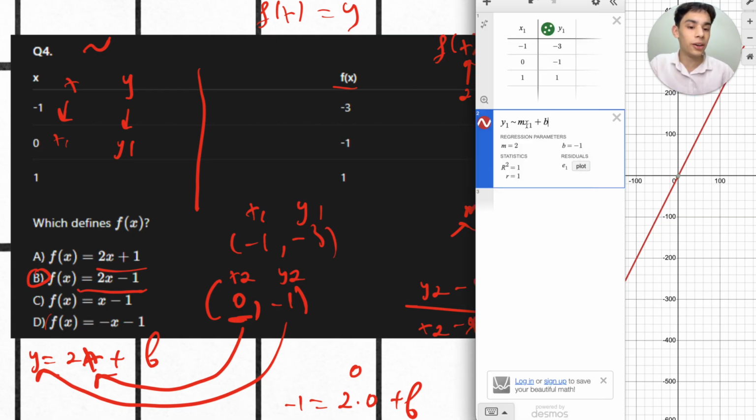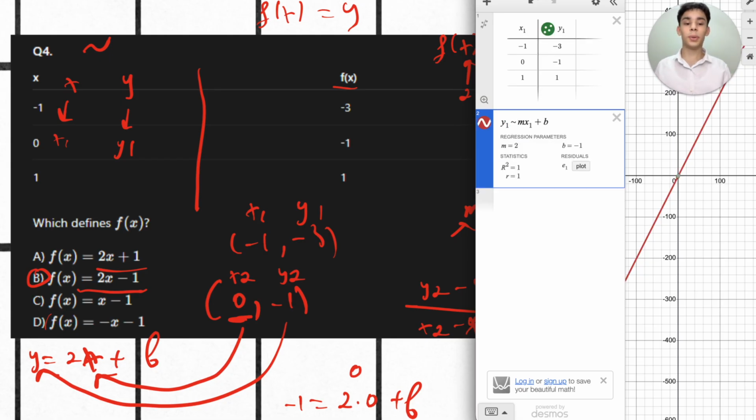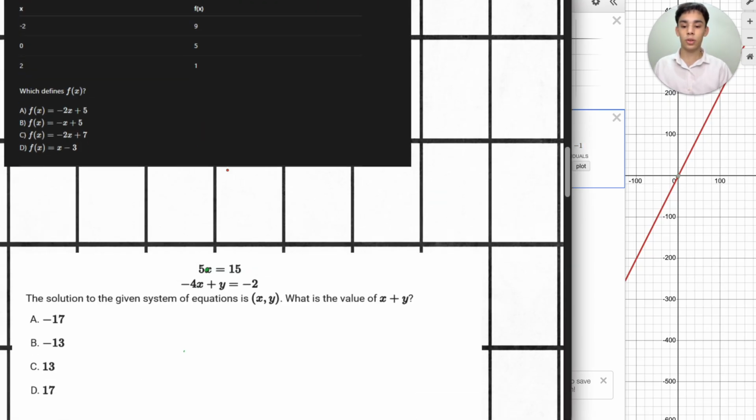Whenever we have letters that we don't know the values for, for example, in this case, we need to find the value of m and the value of b, I always have to write the approximate sign. If I write the equal sign, it will not work. Just remember it this way, and again, m equals 2 and b equals -1, the same answer.